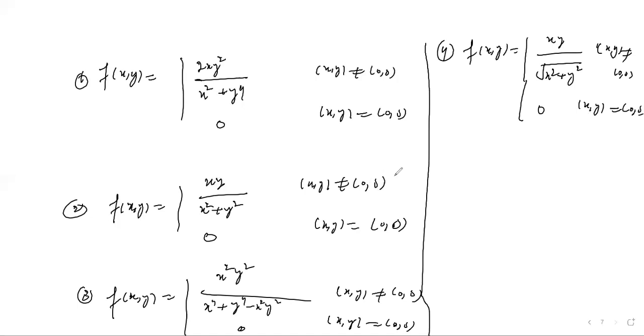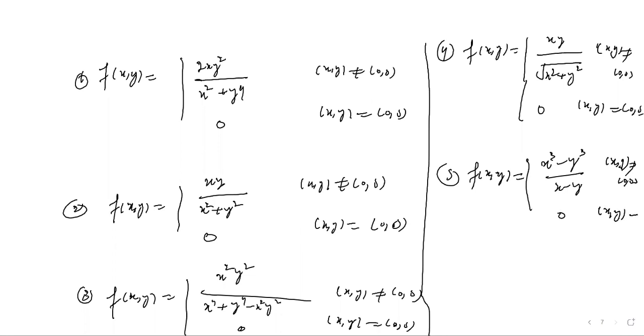And the fifth question is f of x comma y is equal to x cube minus y cube divided by x minus y, for x comma y not equal to 0 comma 0, and it is 0 for x comma y equal to 0 comma 0.